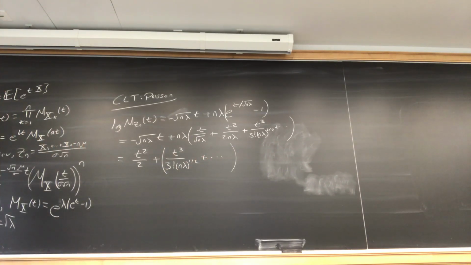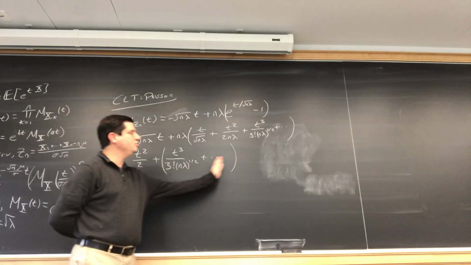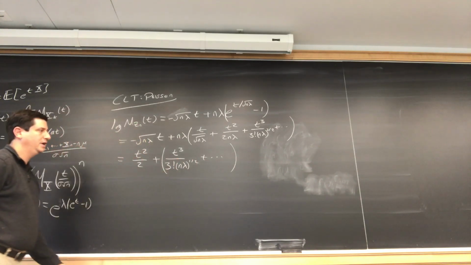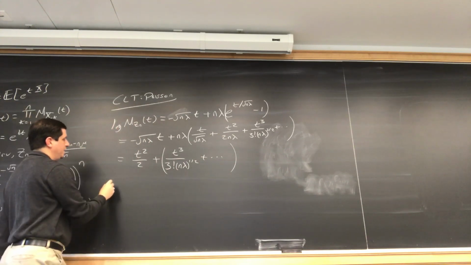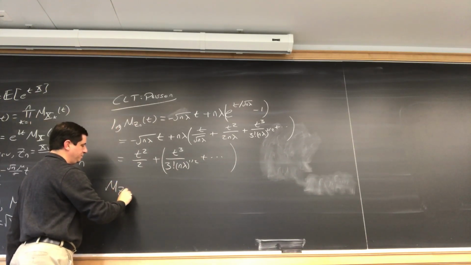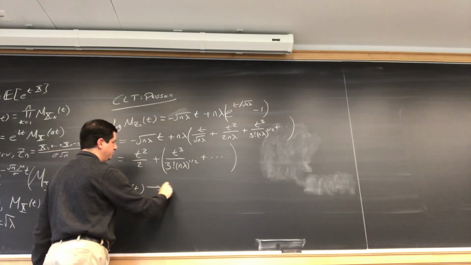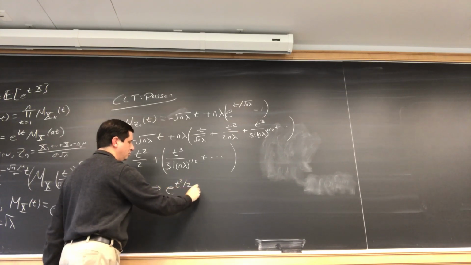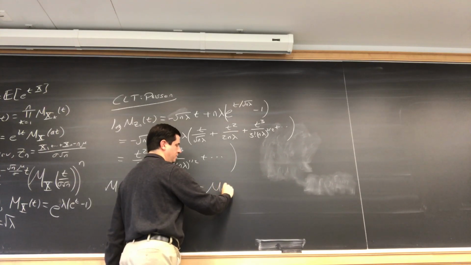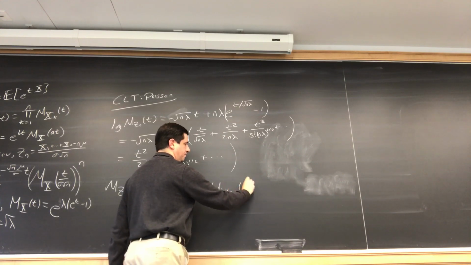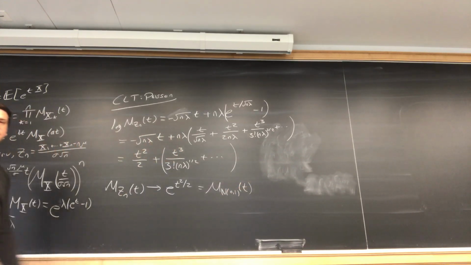So as a nice exercise, and we'll do it in more detail later, you can show that all of this stuff doesn't matter. And in the limit, you get that the moment generating function of z n of t is converging to e to the t squared over 2, which is the moment generating function of the standard normal. And that's the proof of the central limit theorem for the Poisson.